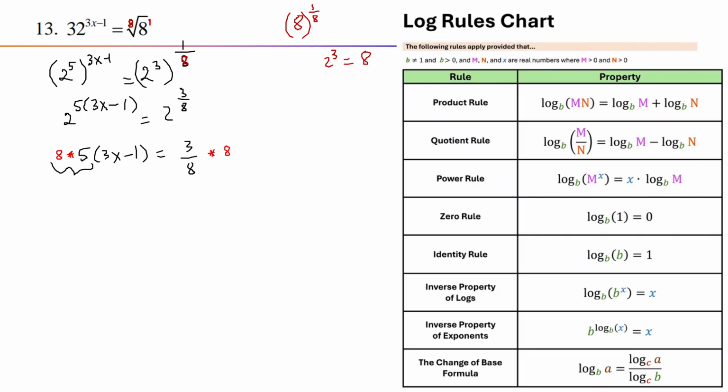So 8 times 5 is 40. 40 times 3x is 120x. 40 times negative 1 is minus 40 equal, the 8 cancels, 3. Now we add 40 to both sides. We will have 120x is 43.